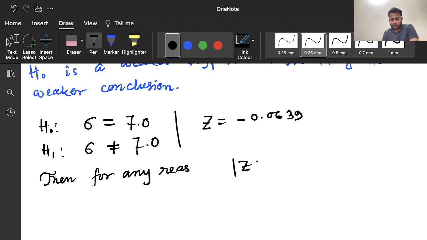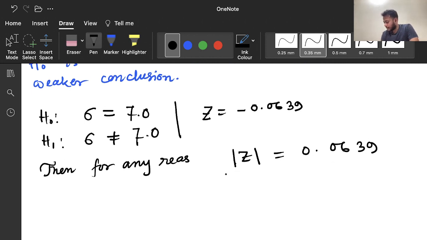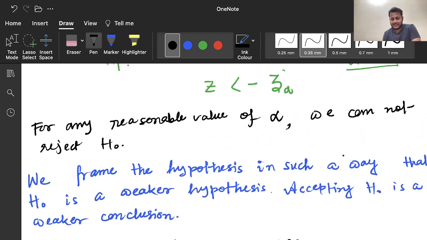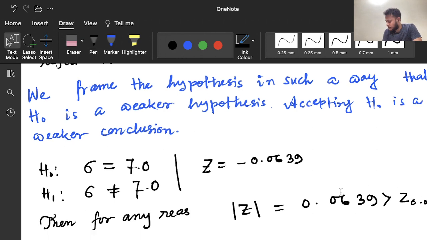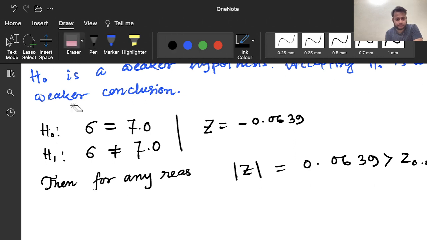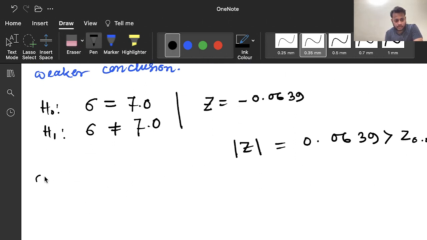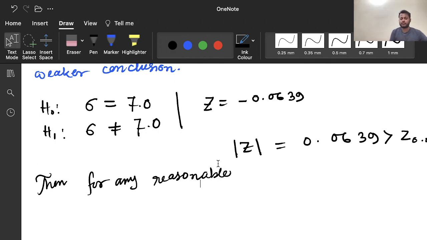If we take the modulus of z, it will be 0.0639, and is this greater than z alpha by 2, that is 0.025? Let me check the value.